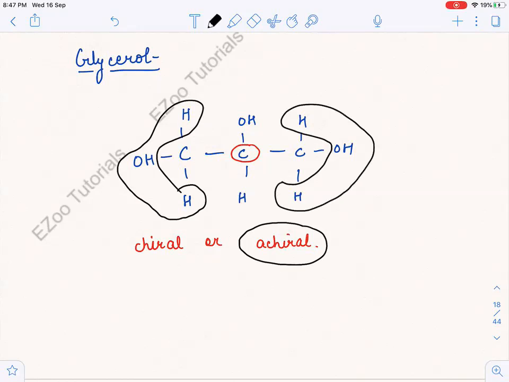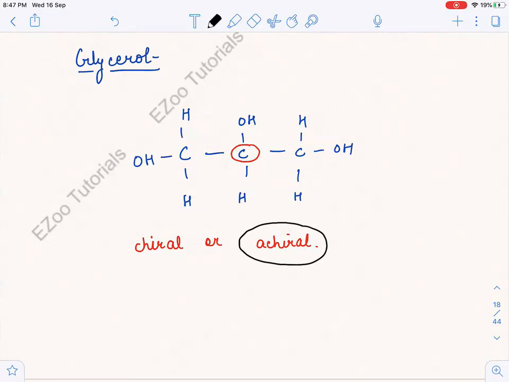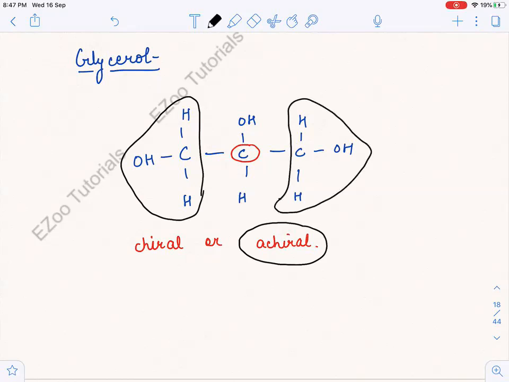That's why it is not asymmetric. Why have I left this carbon? Can you see these two things? These are the same, these are symmetric. This is not asymmetric, so this carbon is achiral. You got it? That is what an achiral carbon is. Very easy to understand.